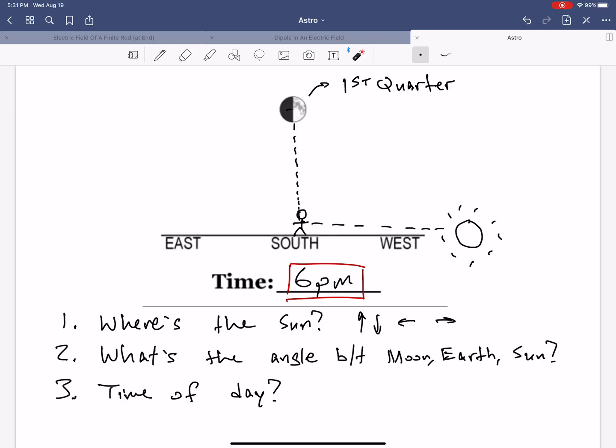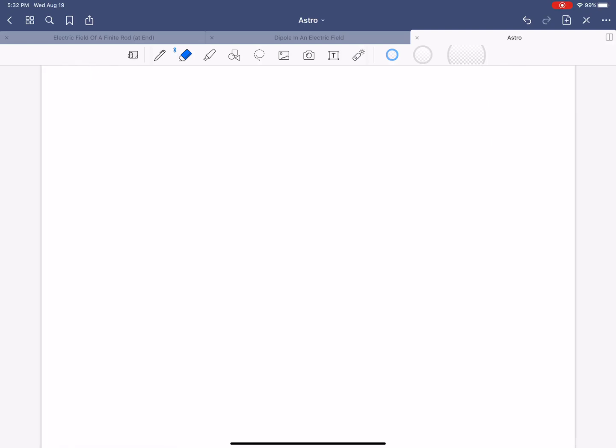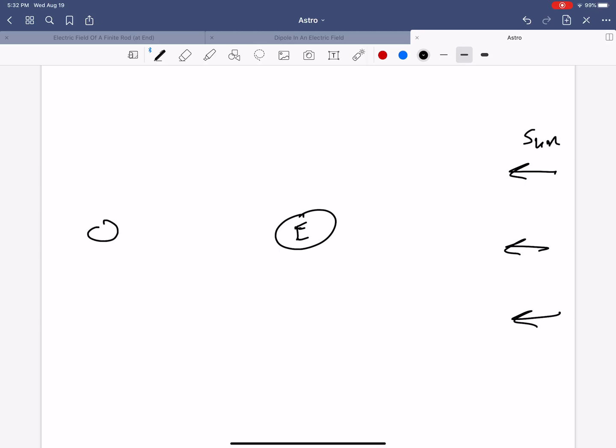You will see other moon phases that are not quite this straightforward. You'll see a full moon. If we have the Earth here, and sunlight is coming in from the right side, a full moon is in the opposite direction from the sun.